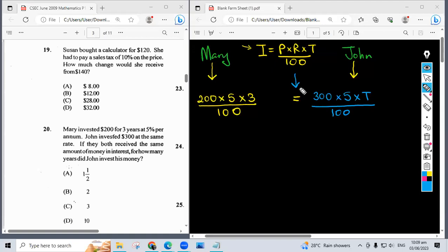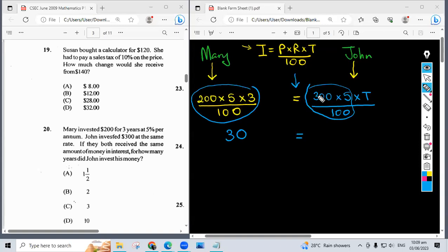So guess what? Couldn't we just solve for T now? Let's work out this side. 200 by 5 by 3 divided by 100. When you work this out, you're just going to get a very nice number.